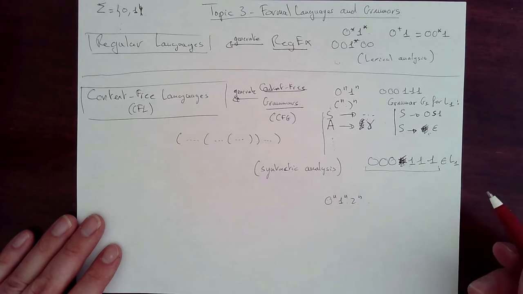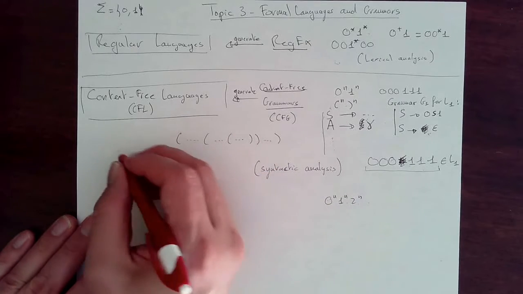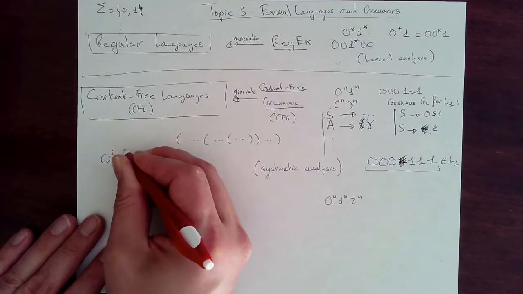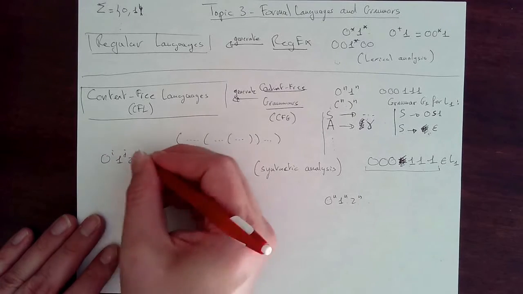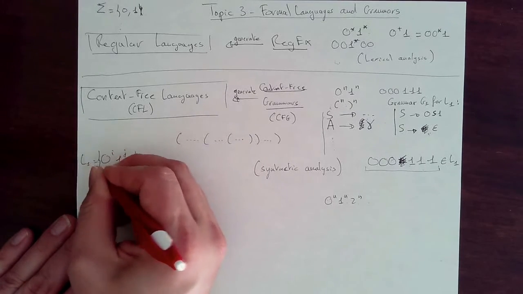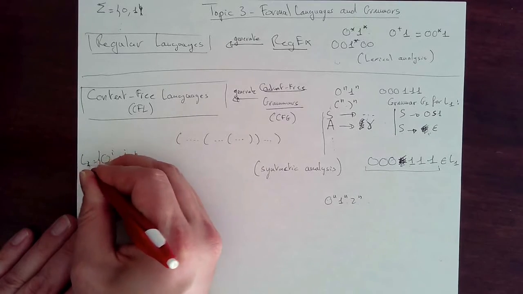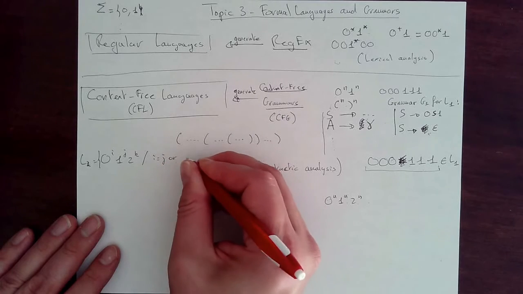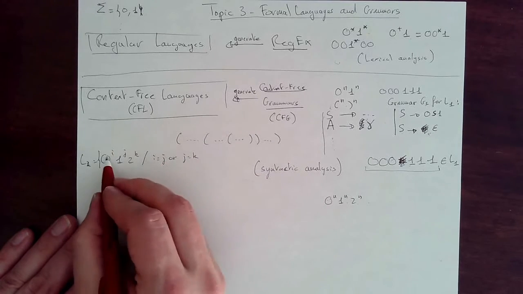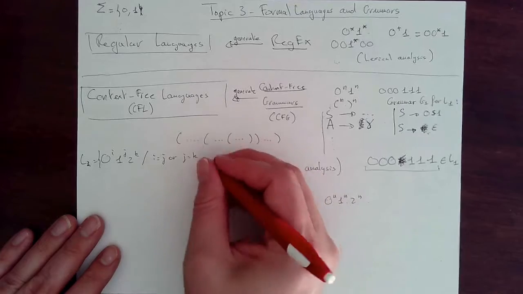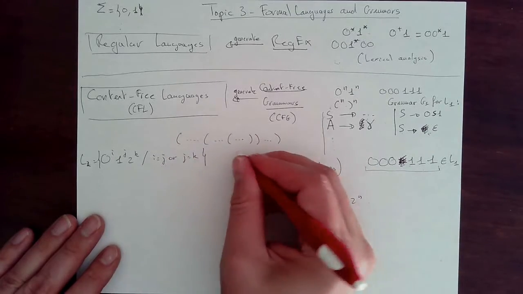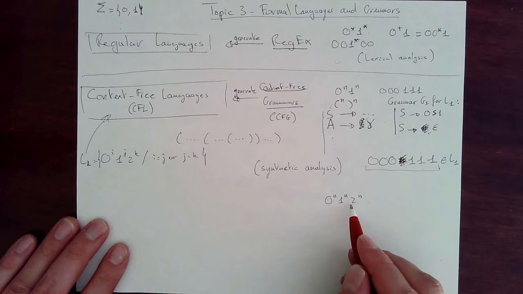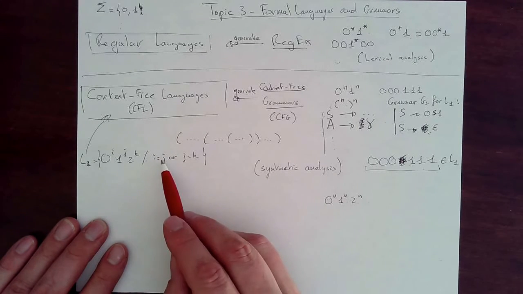You can generate with a context-free grammar 0^i 1^j 2^k, let's call it L2, such that i equals j or j equals k. So either these two are identical or these two are identical. That is a context-free language. Okay, but this one is not, because here we're requiring i equals j equals k.